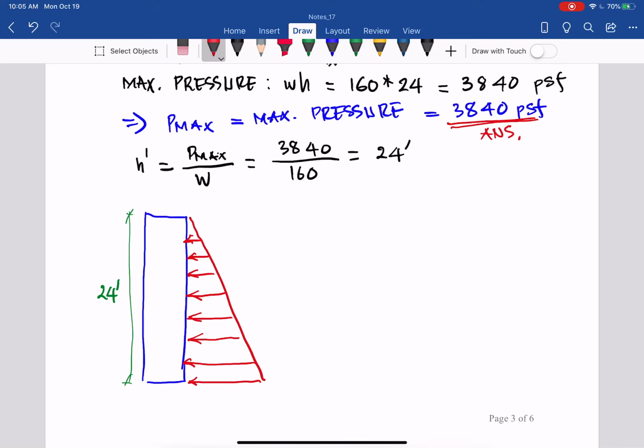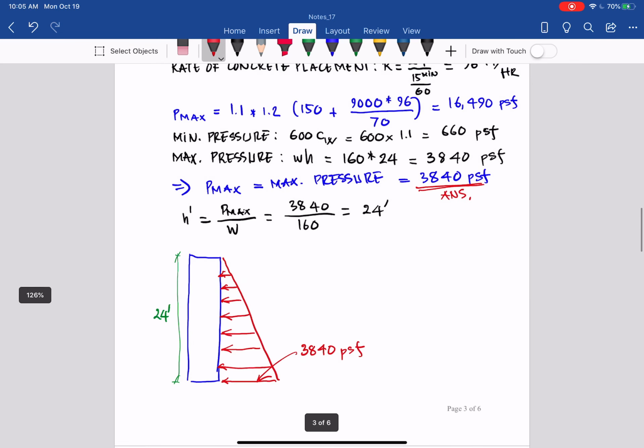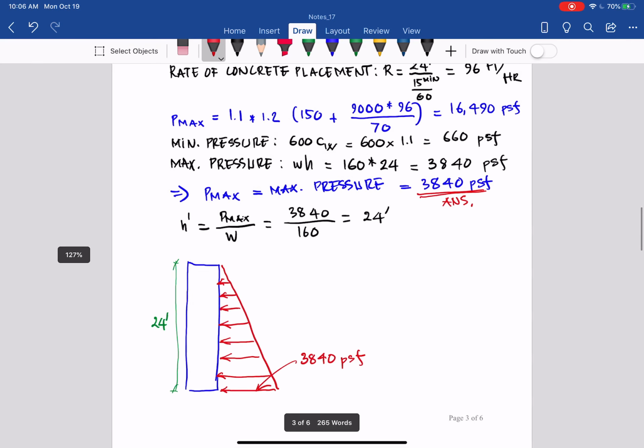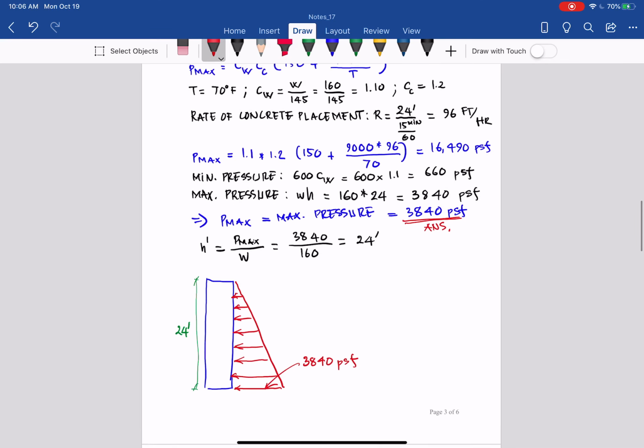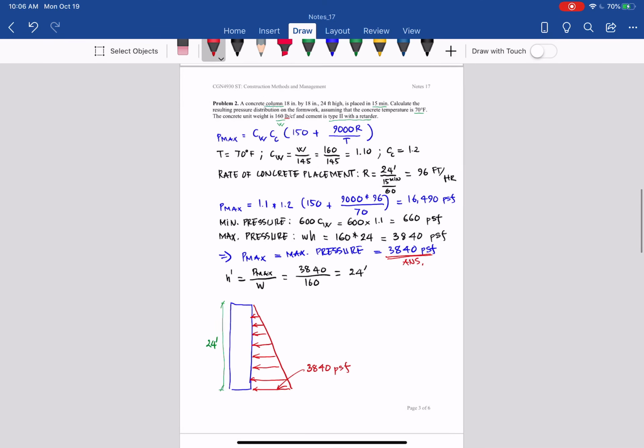There it equals 3,840 pounds per square foot. So that is the pressure distribution on the form for the column, and that is problem 2.